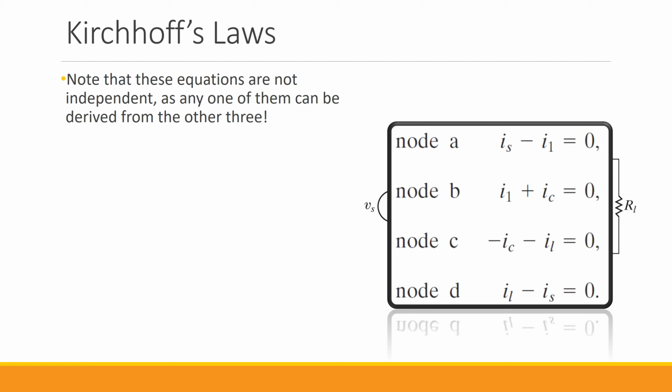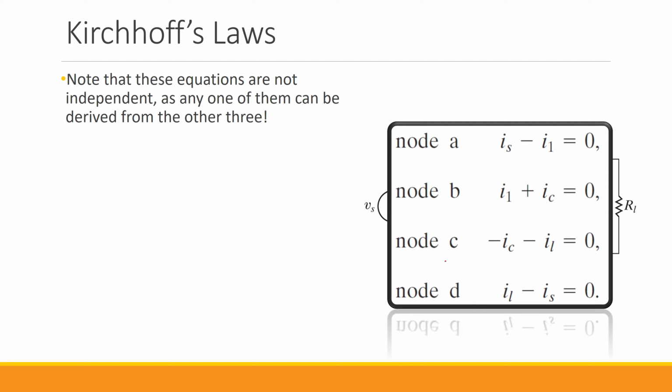The answer to that is, not all these 4 equations are independent, because any one of them can be created by a summation of the other 3. So let's say for the last node, let me just add the first equation, the second equation, and the third equation.